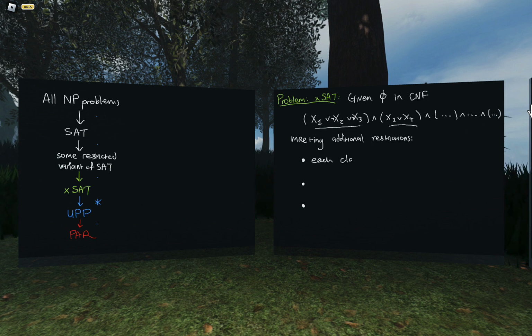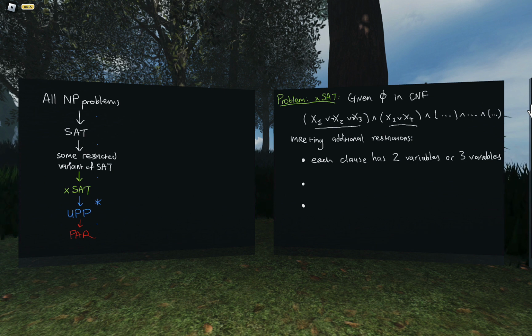Each clause has 2 variables or 3 variables. So no more, no less than 2 or 3. That's the first restriction.